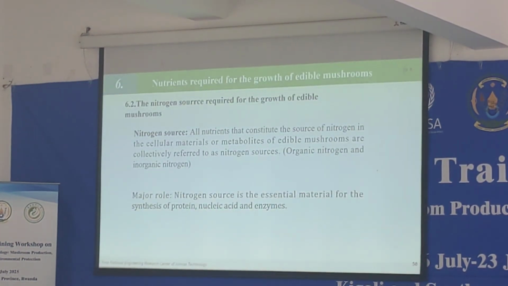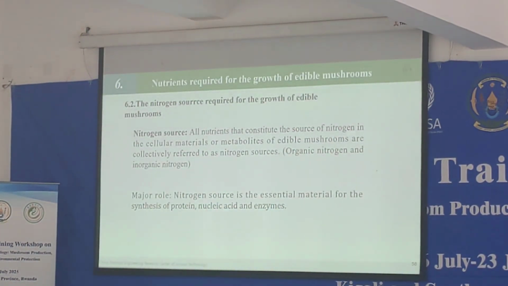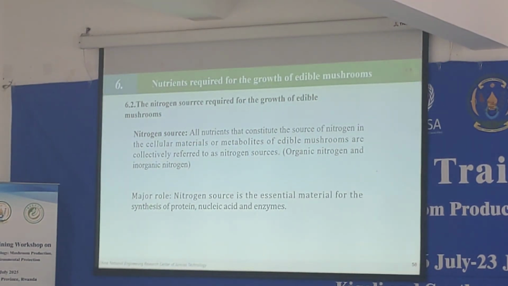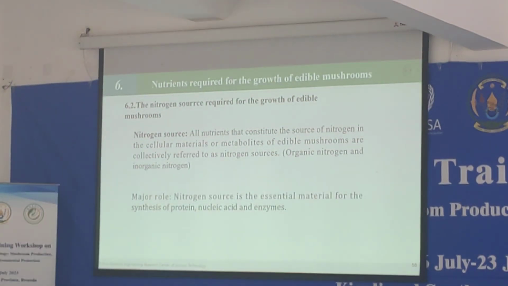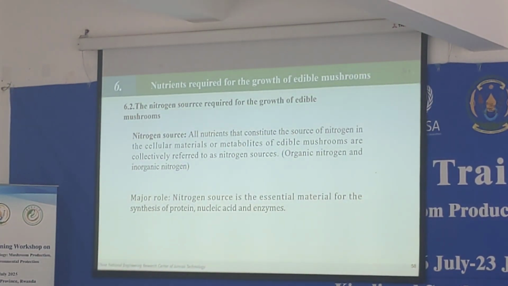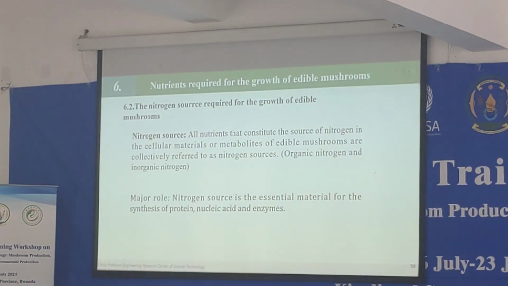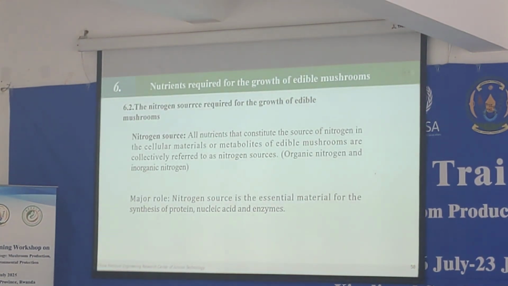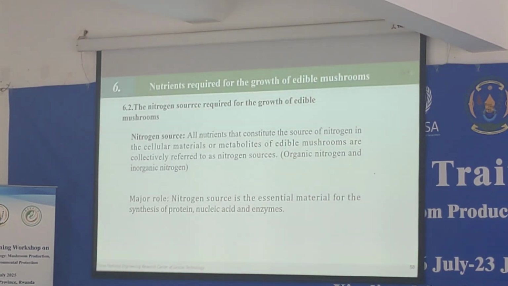The second nutrient is the nitrogen source. Nitrogen sources have high protein content, like rice flour, wheat flour, and bean flour, but the carbon source content is lower.